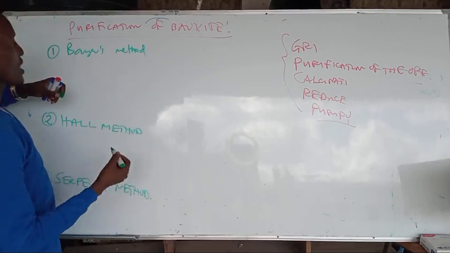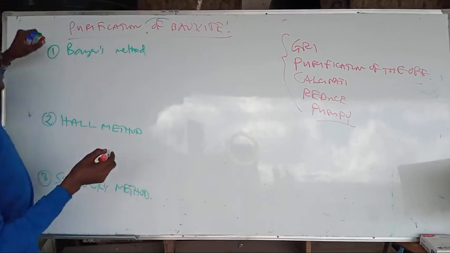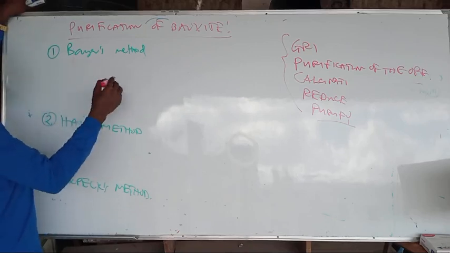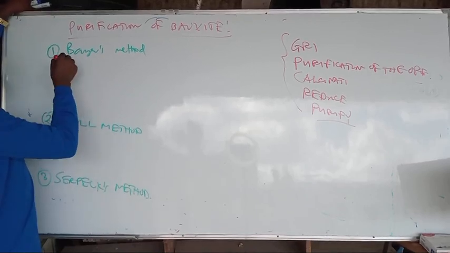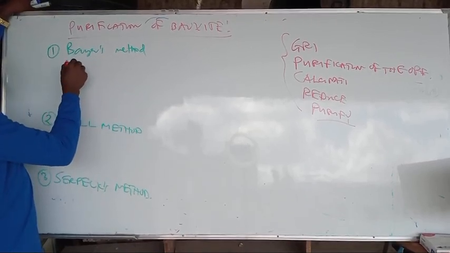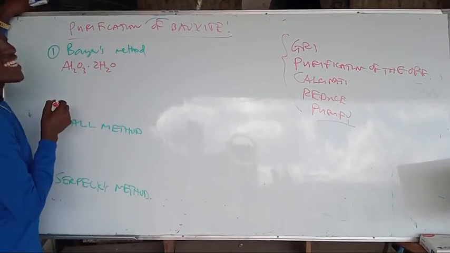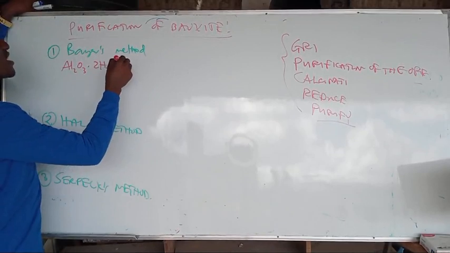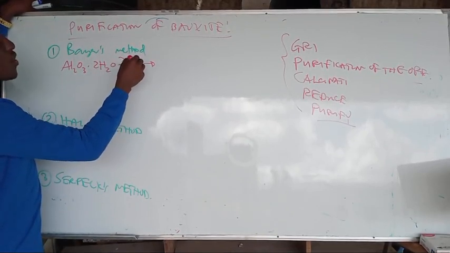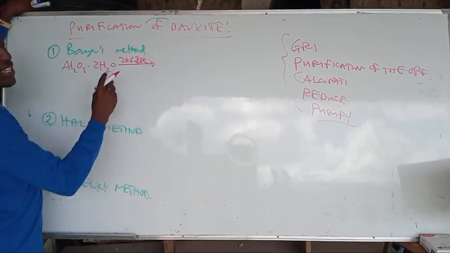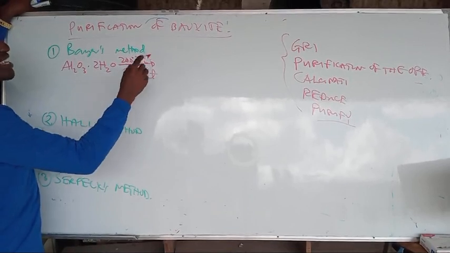So what happens here? Let's speak about Bayer's method. You take the bauxite, aluminium oxide with the 2 water of crystallization, at a temperature of 200 to 250 centigrade and 35 atm, a high pressure.